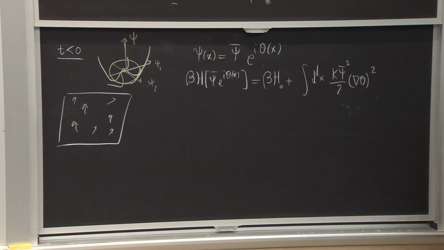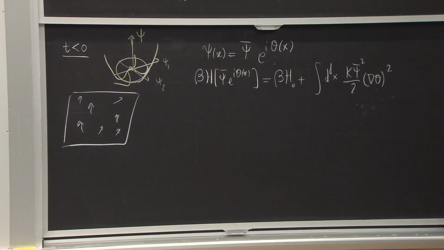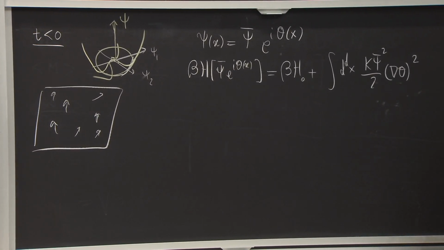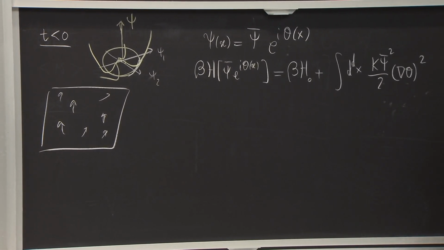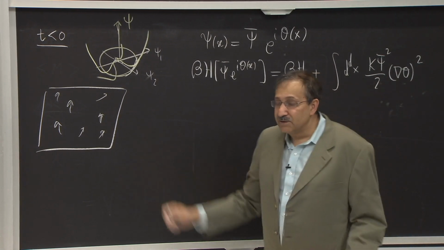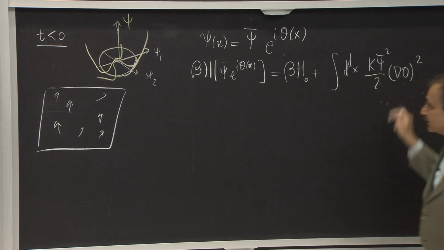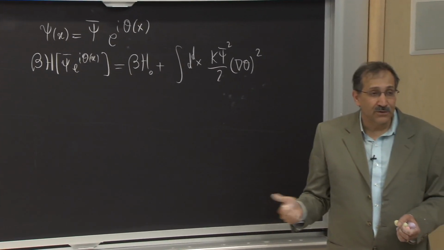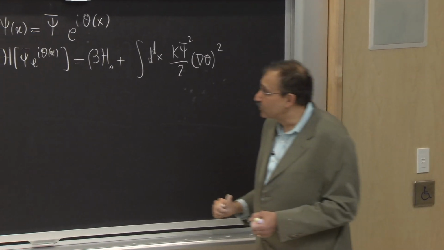And maybe I should note that whereas I'm here thinking in terms of thermal fluctuations, by appropriate boundary conditions, one can establish a gradient of theta that is uniform across the system, and that actually corresponds to a superfluid flow.